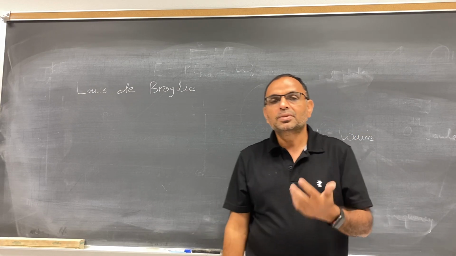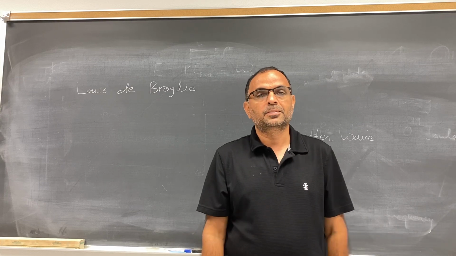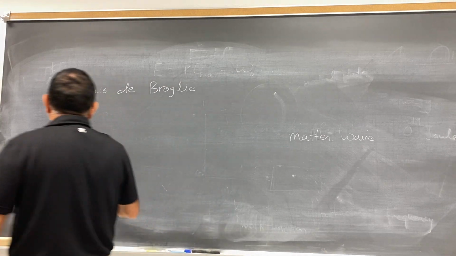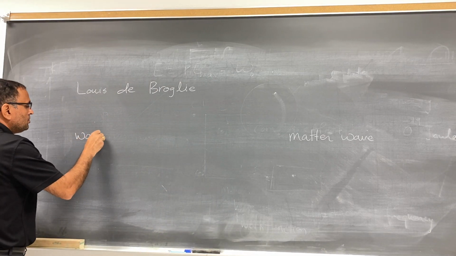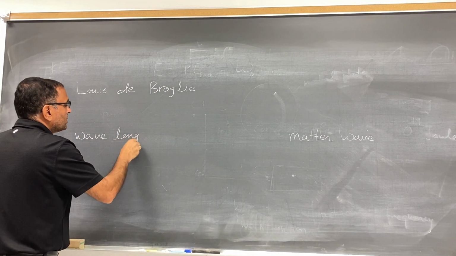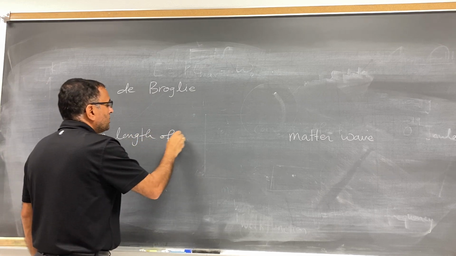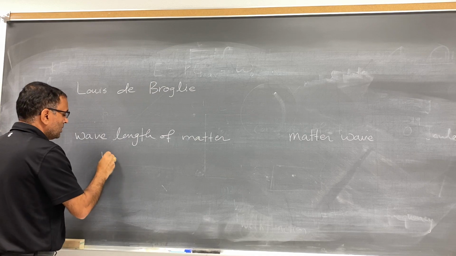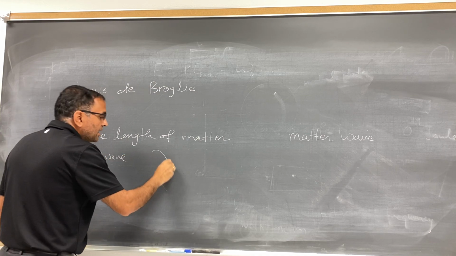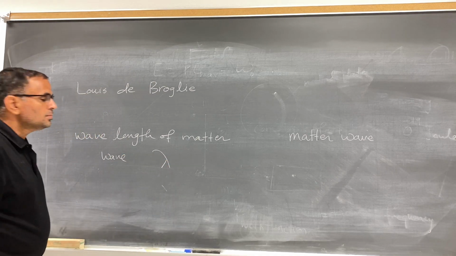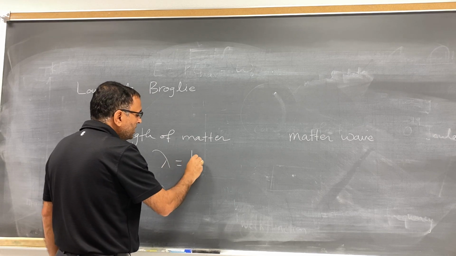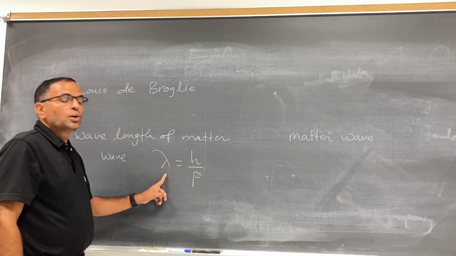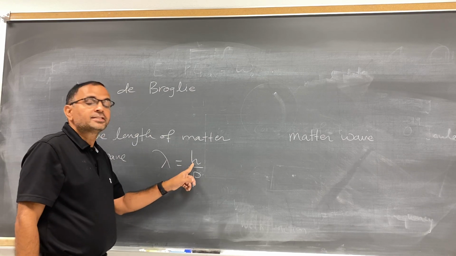So if it is a wave, then you need to know the wavelength. And the wavelength of the matter wave, lambda, is equal to h over p. What is lambda? Wavelength. What is h?